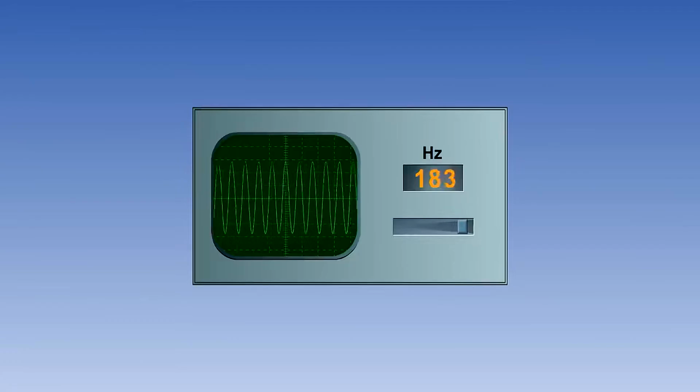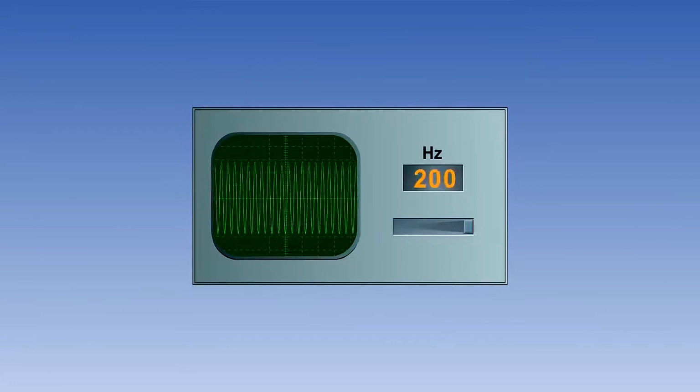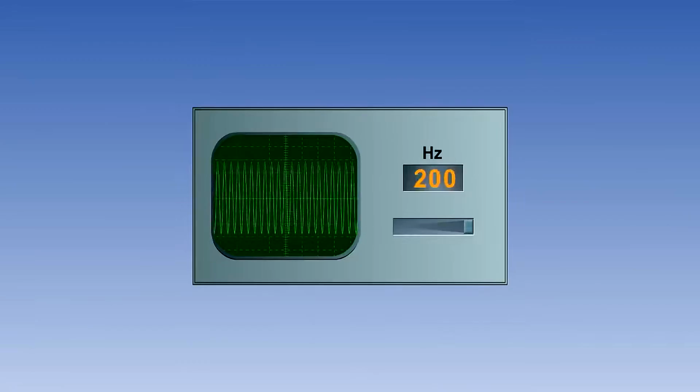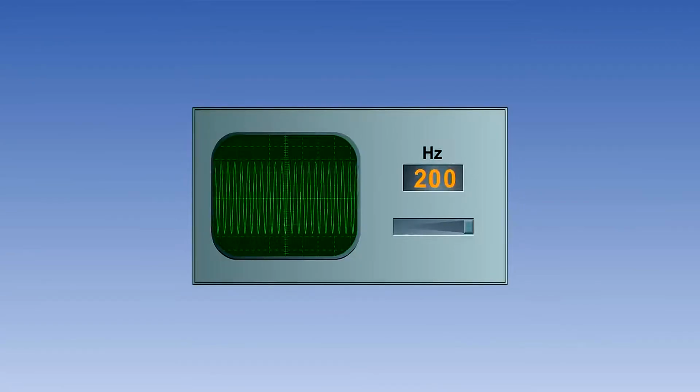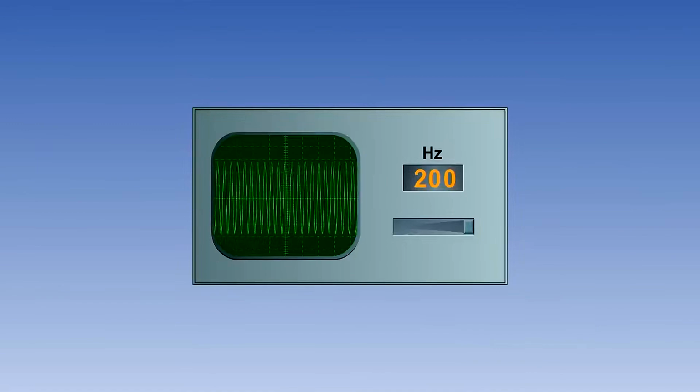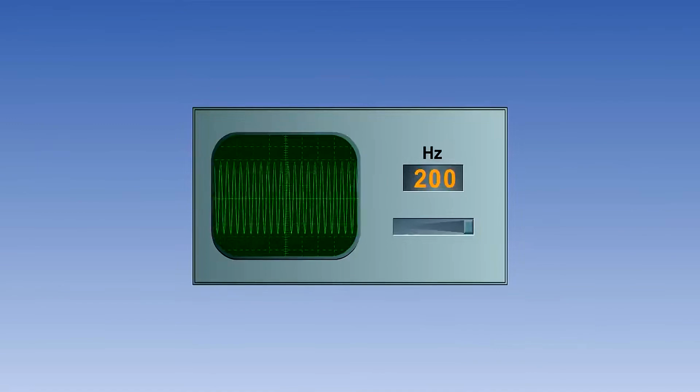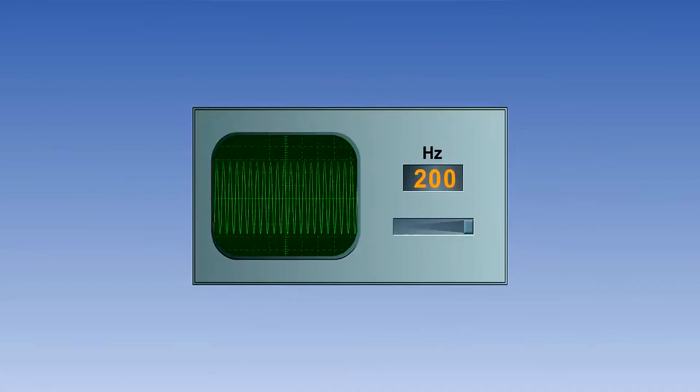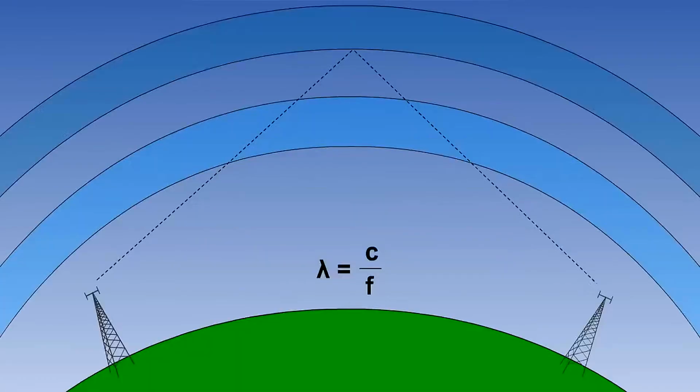Therefore, wave frequency measured in hertz and wavelength measured in meters are directly related, and we need to be able to calculate one from the other. The formula for calculating wavelength lambda is the speed at which a radio wave travels c divided by the frequency of the wave f.